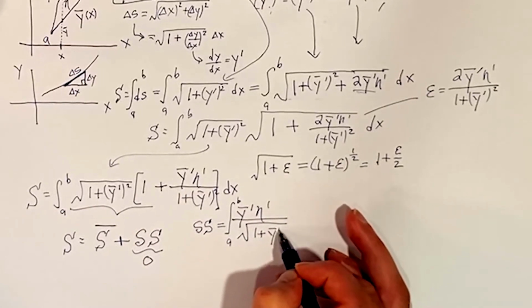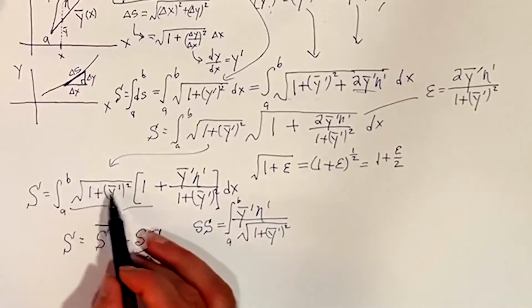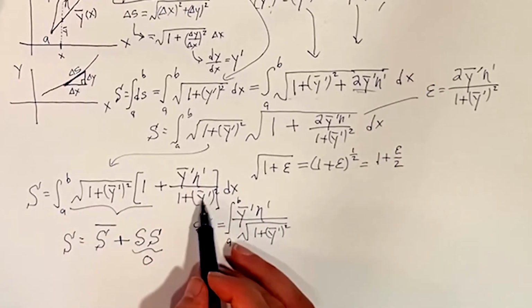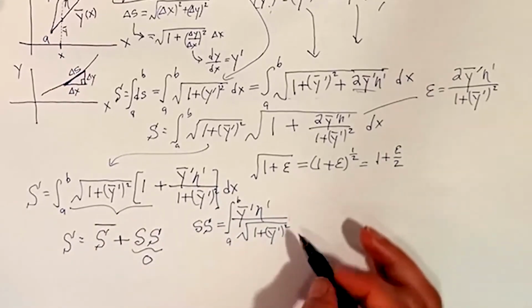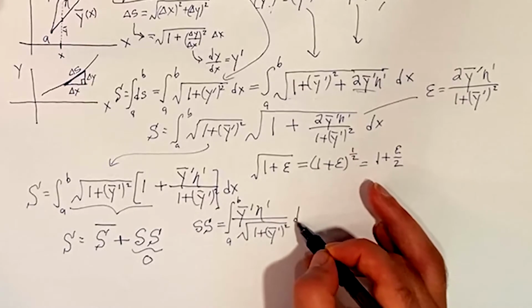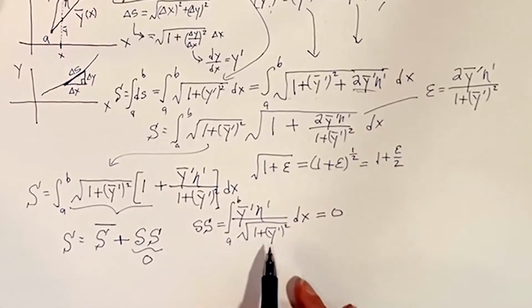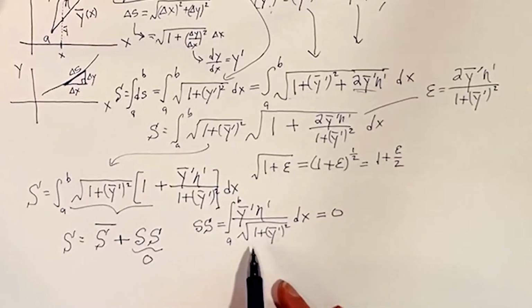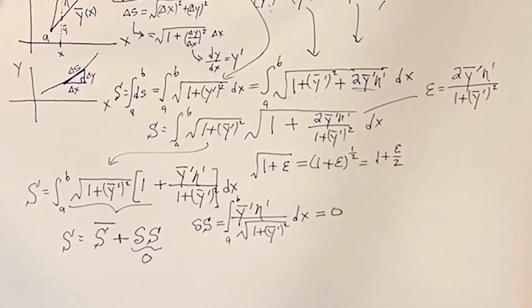You're going to have a square root, since this is a square root, and you have 1 over the same thing without a square root, so that's going to make it a square root. So then that's here dx. So this has to be equal to 0. If we can find the function y bar that makes that work, we're going to be in good shape.